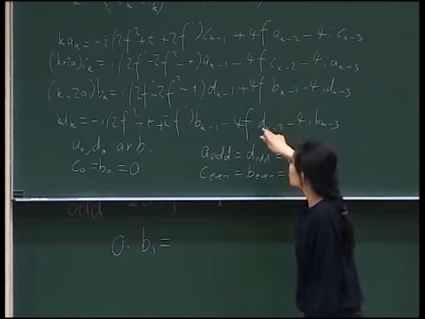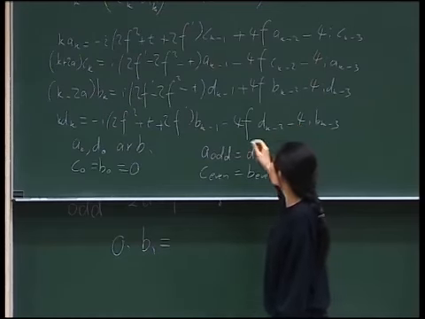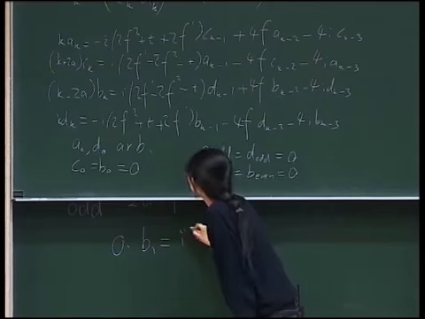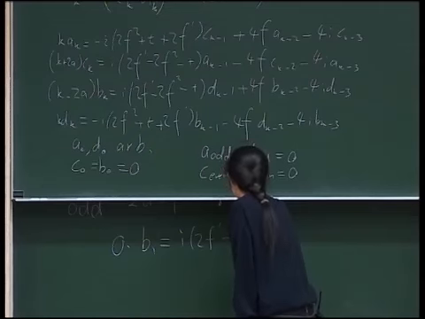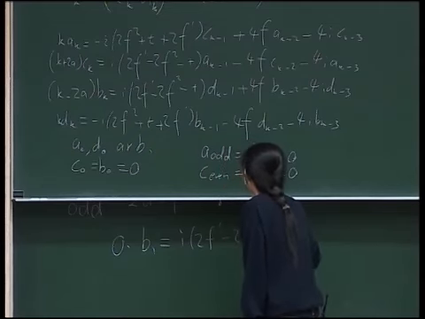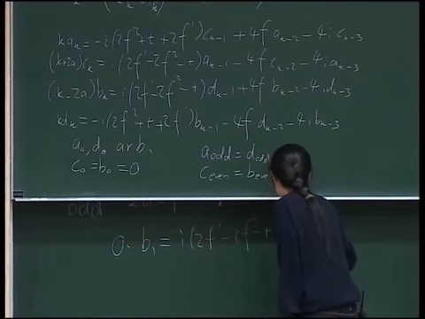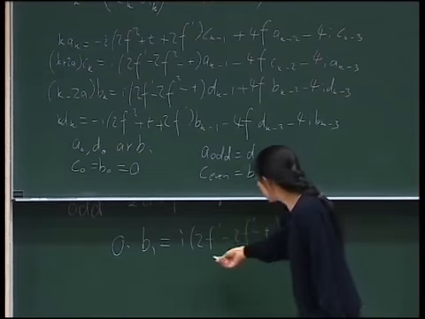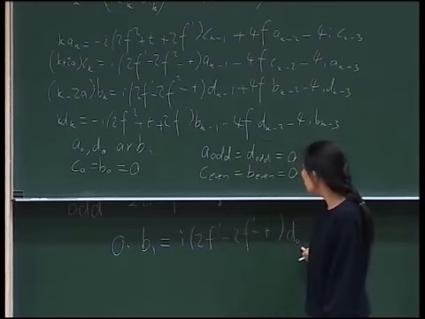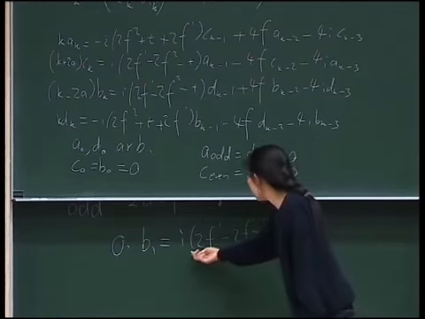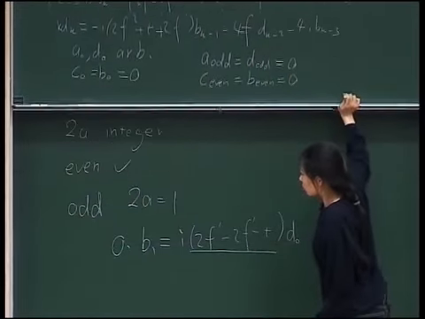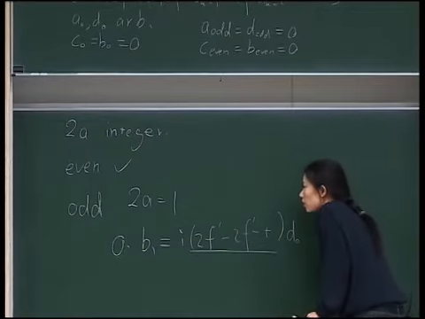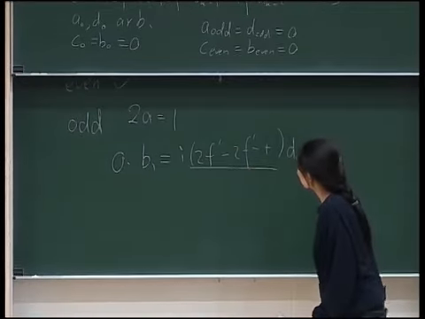If we want this function to be consistent, then since d naught is not 0, this has to go to 0 if we want no inconsistency to occur.